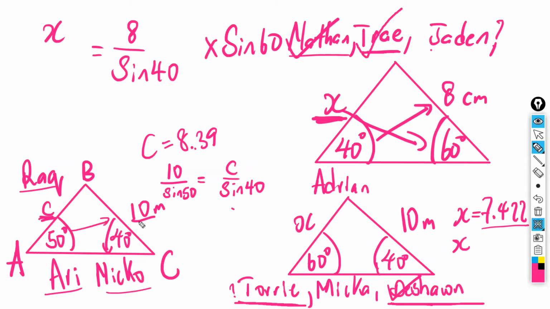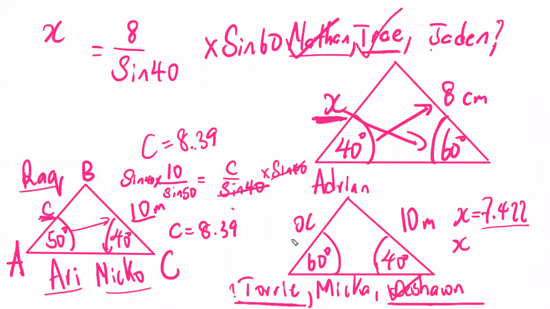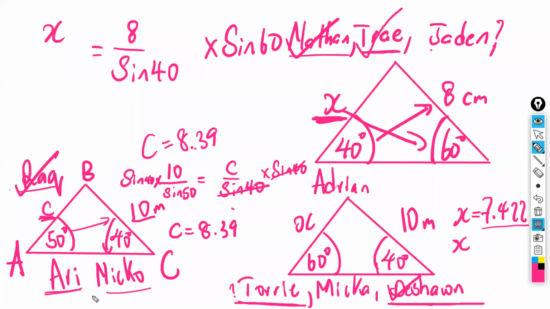Then you multiply both sides by sine 40 because you want to get rid of the sine 40 to find c. So sine 40 times 10 over sine 50 is equal to c, and c is equal to 8.39. Cool. Got it. Well done. Nikolai, is it making sense to you now? Ariana, is it making sense now?